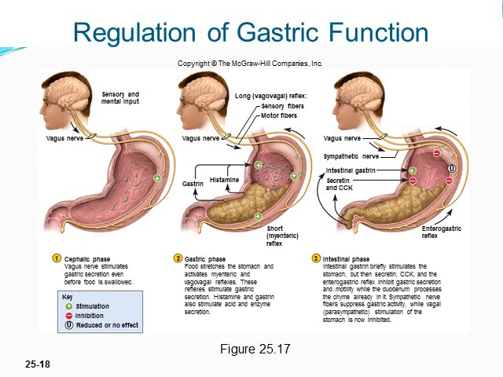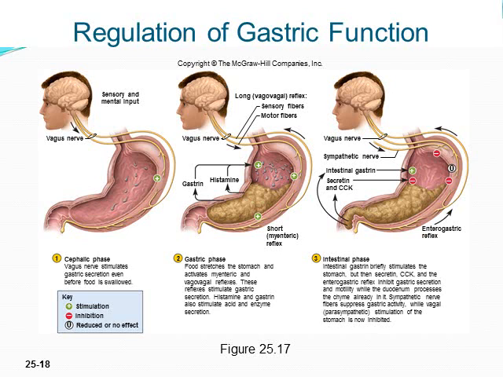Okay, so I'm going to give one overview example of how the nervous system and the endocrine system work in gastric function. And I think your book goes through several different examples, and it does talk about this.